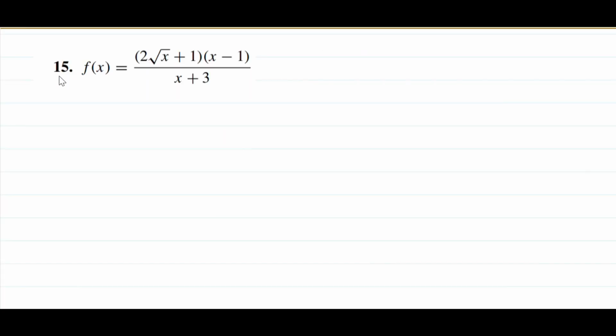How to solve this type of question? You can see that the functions are dividing, we can use the quotient rule, but in the numerator two functions are multiplying as well. So we use the product rule and quotient rule both, but for this we need to rearrange this. So I separate 2 square root of x plus 1 as a separate function, the first function, and the second function will be x minus 1 and x plus 3, so that it can be easily solved by taking two functions, and we can use the product rule here.